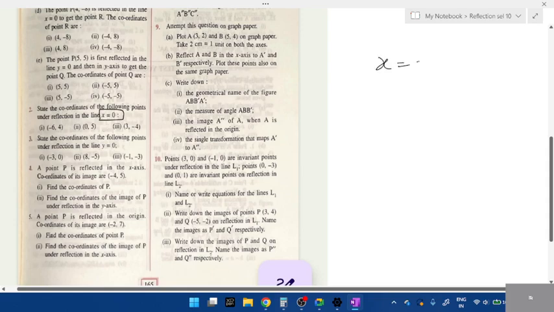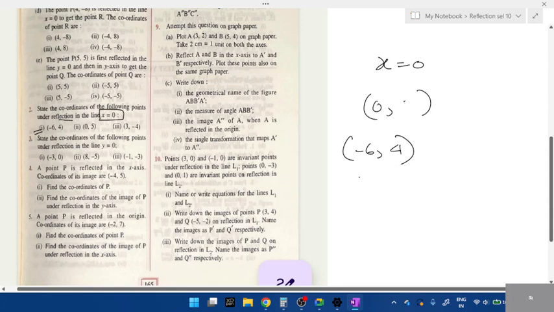If x is equal to 0, following point. So what's the actual point we have, students? Minus 6 comma 4. Where is this reflection taking place? x is equal to 0 in the sense x value will be 0. So it's taking place in y axis.